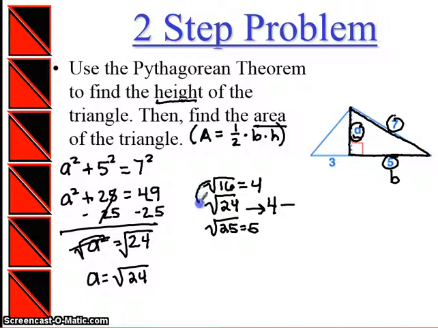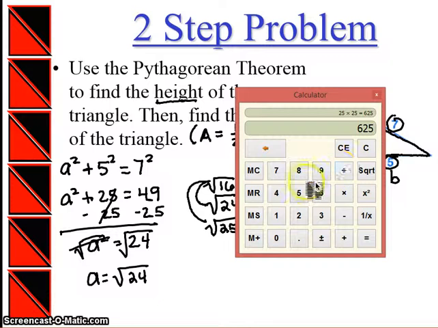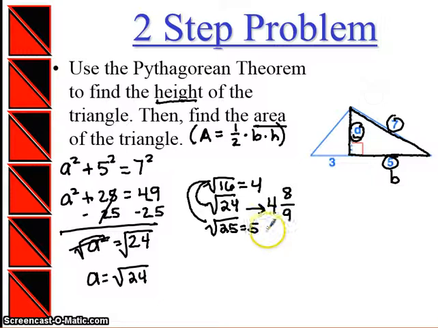If we look at the differences, it is 8 different between 16 and 24, and 9 different between 16 and 25. If we divide 8 by 9, we get 0.88, which rounds to 0.9. So this is about 4.9. So the height of this triangle is 4.9 units.